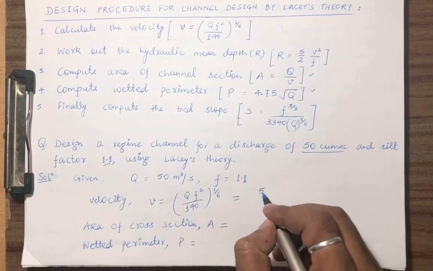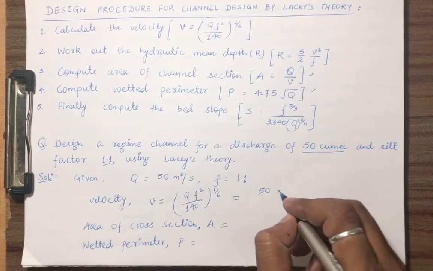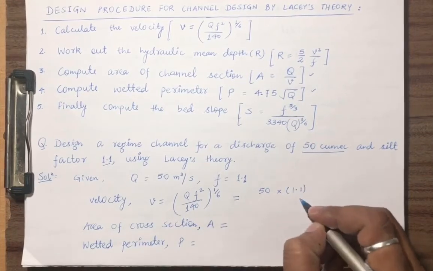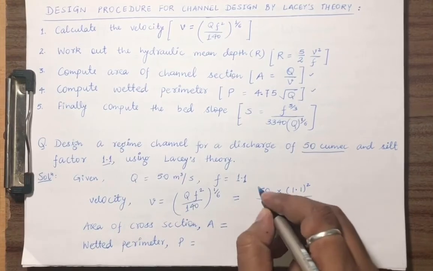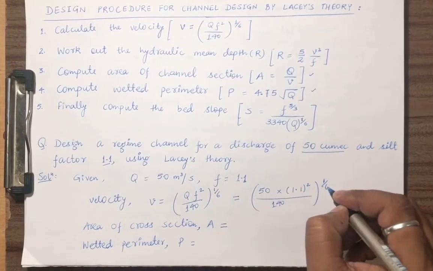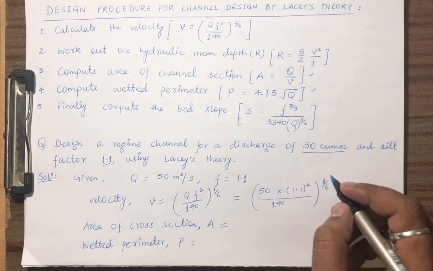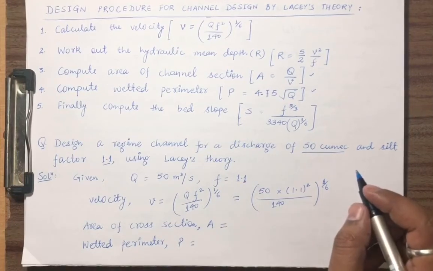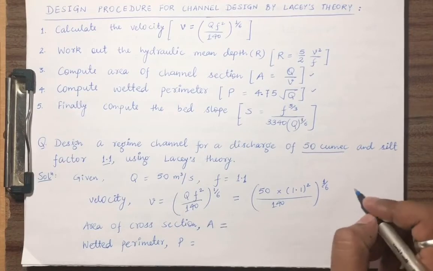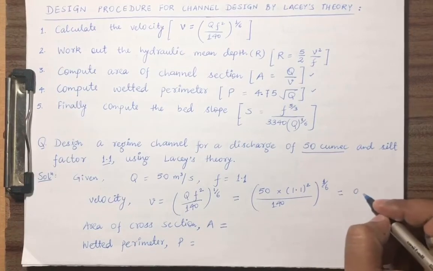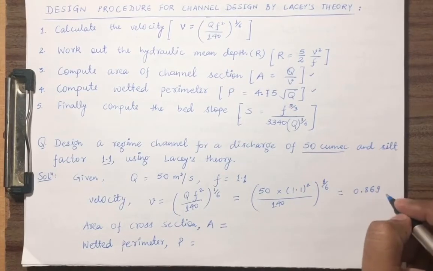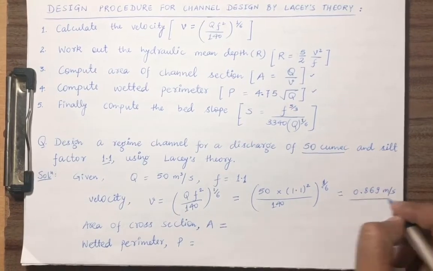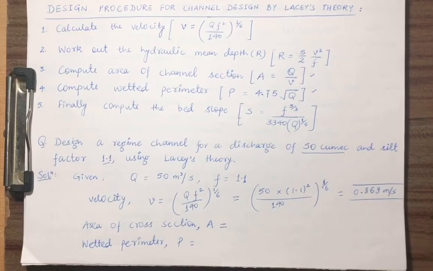So Q is 50 multiplied by 1.1 whole squared upon 140, this power 1 by 6. It is coming out to be 0.869 meter per second, or 0.87.